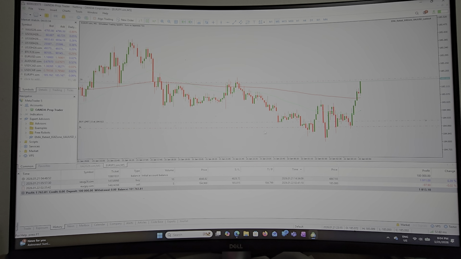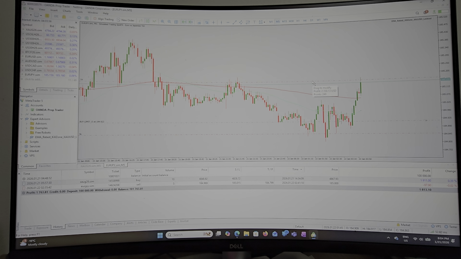Oh, that stop loss is wrong. What's the stop loss right now? We're risking 300, but it's supposed to be here. Now we're risking $697, almost $700, for what's our take profit? 2,300.